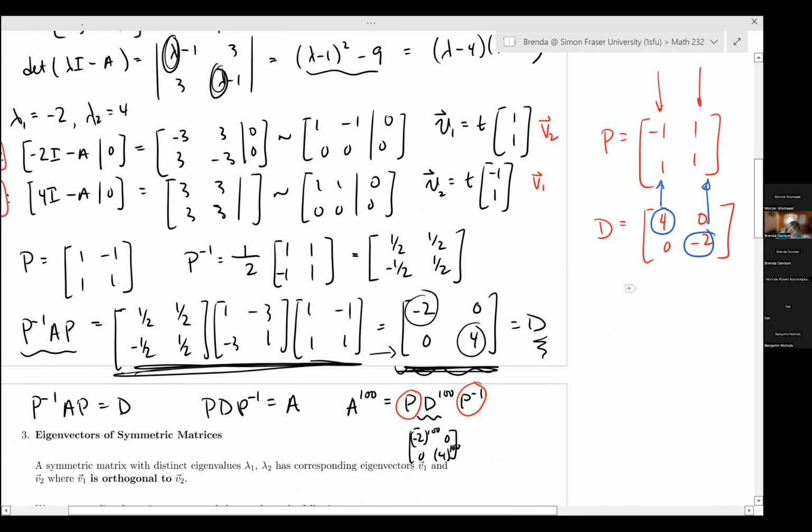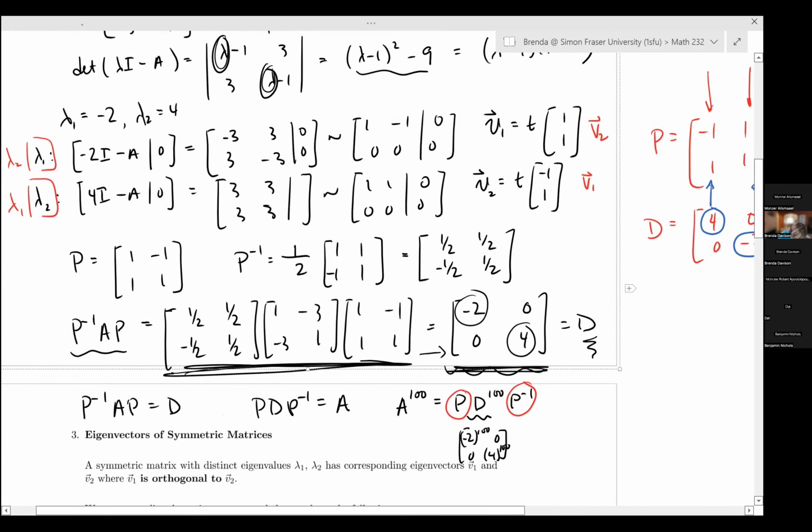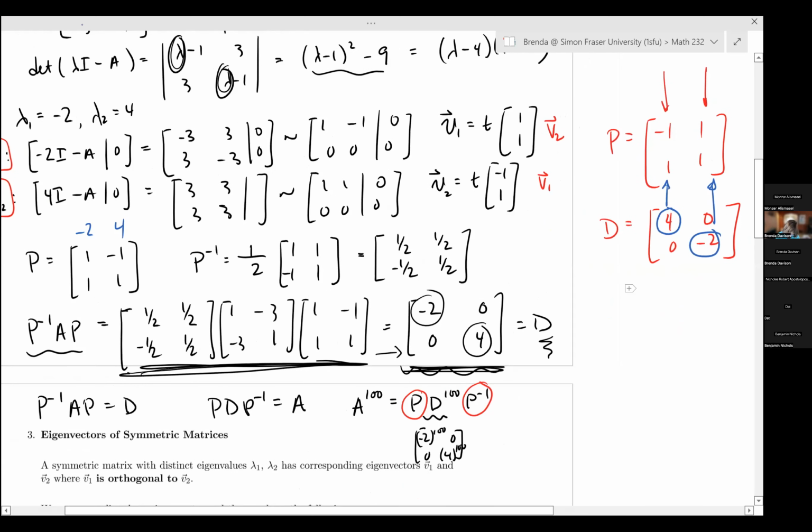If I look back here, this is the eigenvector for minus 2, and this is the eigenvector for 4, and you'll see it's the same. So that goes together and that goes together. If you're just going to write out D, make sure you don't do it in the wrong order. If you've written out P like that and you don't do the multiplication, make sure you don't get these things backwards, because it does matter. It has to match the order that the eigenvectors went in there.